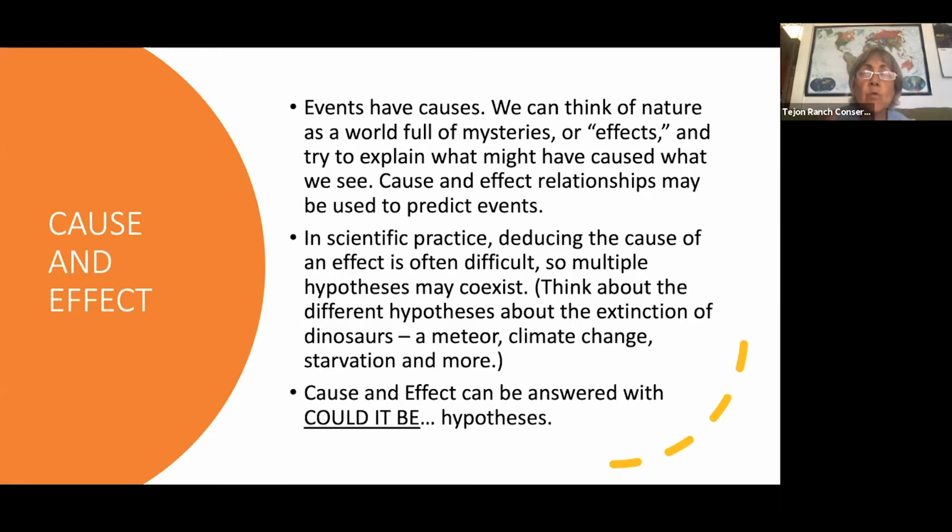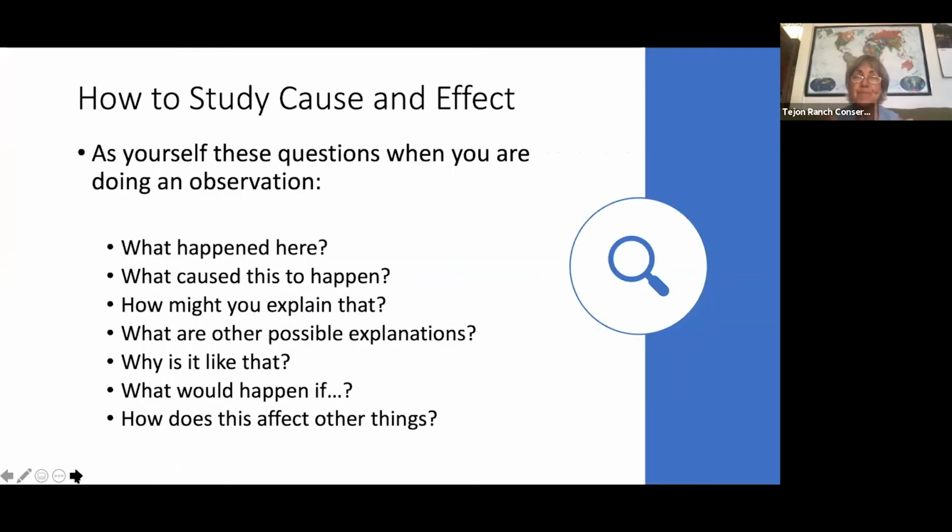So when we're doing a study, as we are today in cause and effect, you're going to want to answer some of your I wonder questions with could it be hypotheses. And the more could it be hypotheses that you put under each I wonder, the more you're thinking like a researcher, like a scientist.